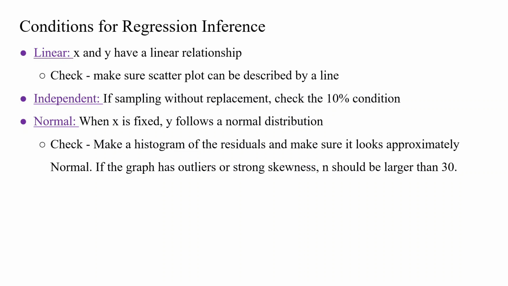The condition is satisfied because we are working with such small values of N. If the graph does have outliers or strong skewness present, we need to make sure that N is larger than 30. And hopefully that sounds familiar for you because that is the central limit theorem coming in strong again. As long as N is larger than 30, basically our histogram of residuals can kind of look like whatever it wants to look like. The central limit theorem tells us that it still will be approximately normal.